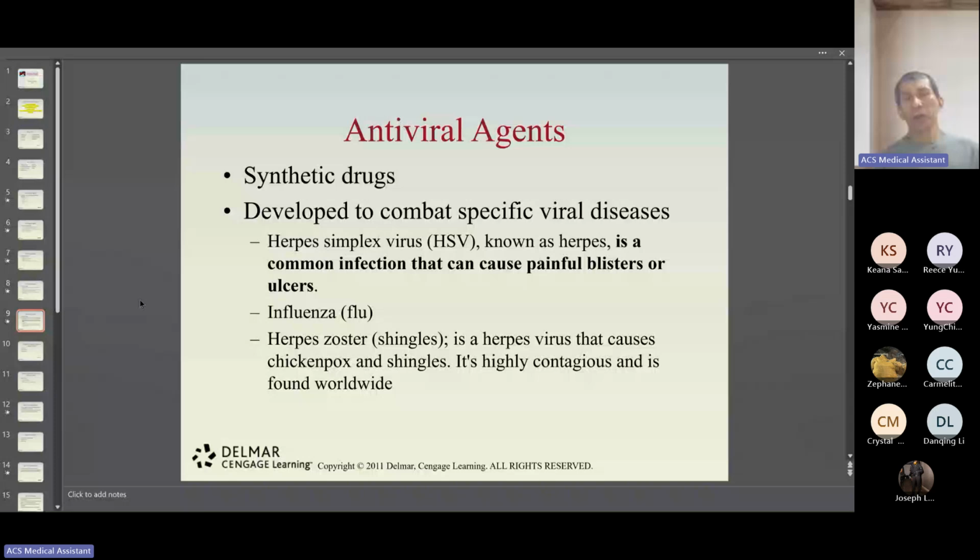So one of the questions that you might have in your exam is: herpes zoster is also known as shingles, or vice versa, shingles is also known as herpes zoster. Another question: who is more prone to develop shingles or herpes zoster? Someone who has developed chickenpox.